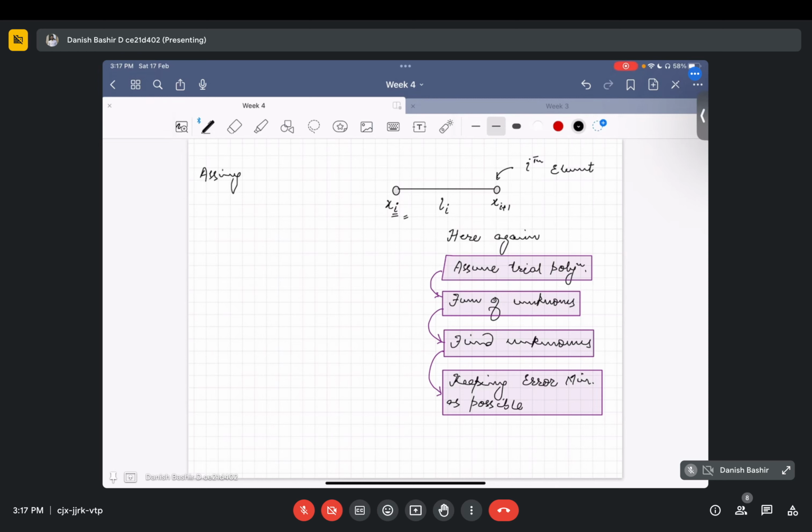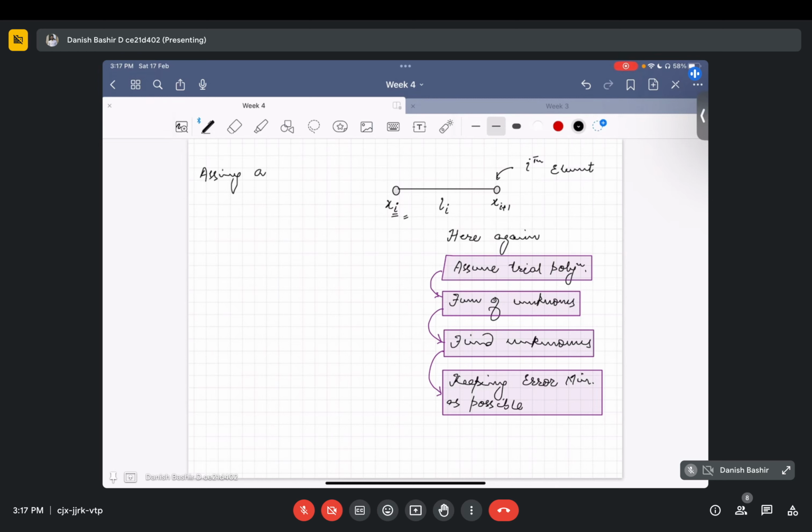If you choose a polynomial with higher degree, you will get a solution which will be closer to the exact solution. If you take a very small number of unknowns, or in other words a lower degree of the polynomial or trial solution, you will not get that good a result, and it will not match the exact solution. So the degree of the polynomial, or the number of unknowns, plays an important role in the accuracy of the final solution.